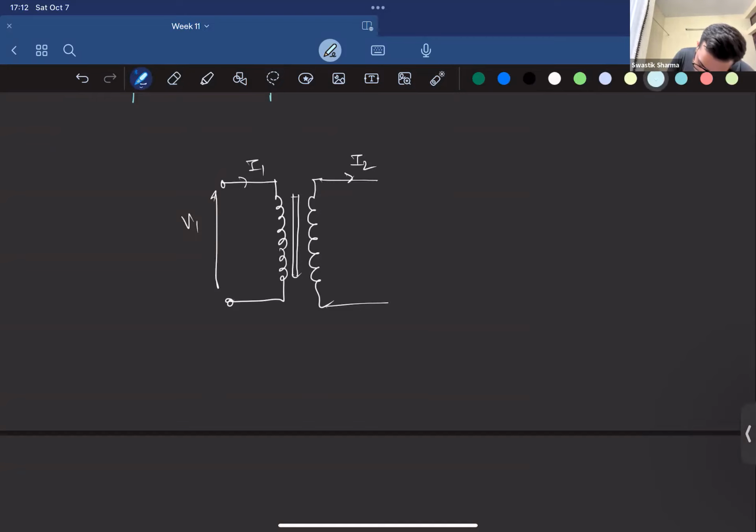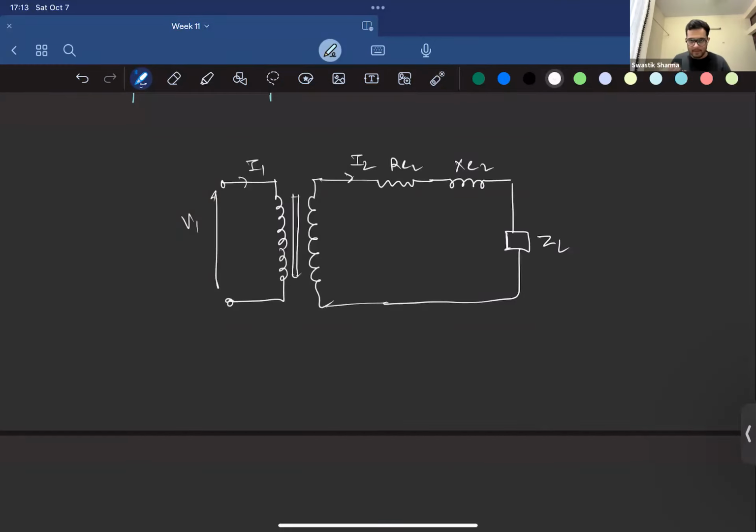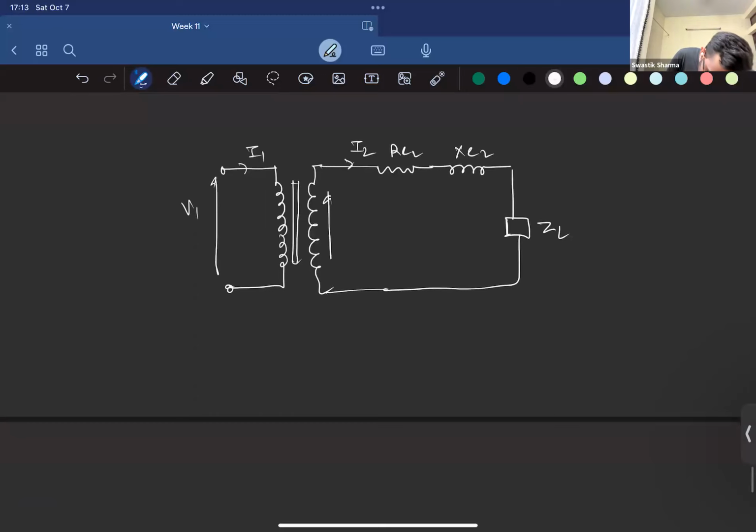So the equivalent resistance will be like I2, R e2, X e2, and some load, which is a UPF load or a unity power factor load. All right. So this is E2, which equals V2, and this is V2.